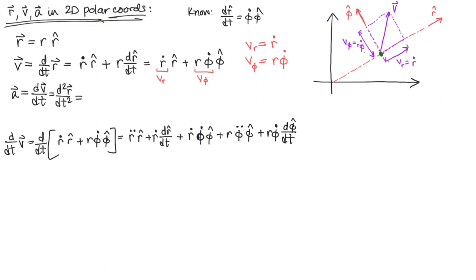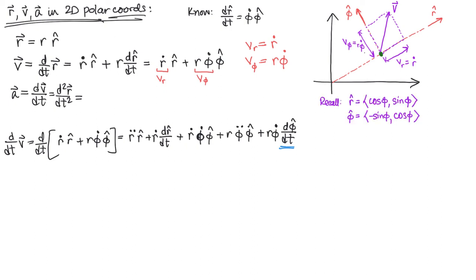Okay. And here we can pause because we have something we've never seen before. Everything else we've seen, d r hat dt, phi hat, but now we have this d phi hat dt. So we need a little mathematical aside here to figure out what d phi hat dt is.